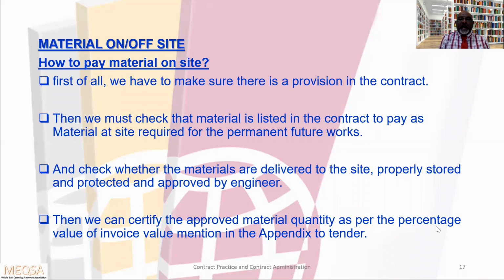Then we can certify the approved material quantity as per the percentage value of the invoice value mentioned in the Appendix to Tender. In the Appendix to Tender, generally they mention 70% of the invoice value, otherwise the BOQ quantity. Like that, they will mention the percentage in the Appendix to Tender. Based on that, he has to certify.